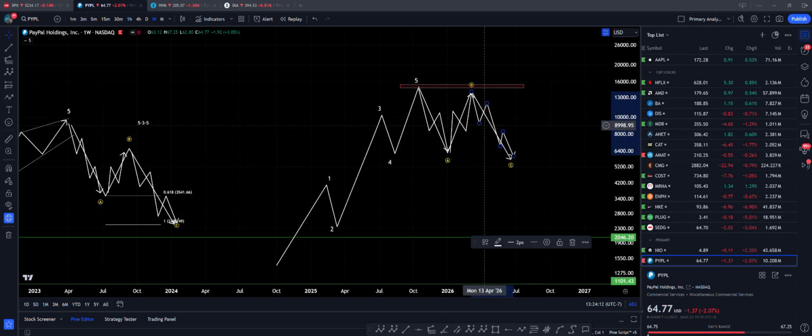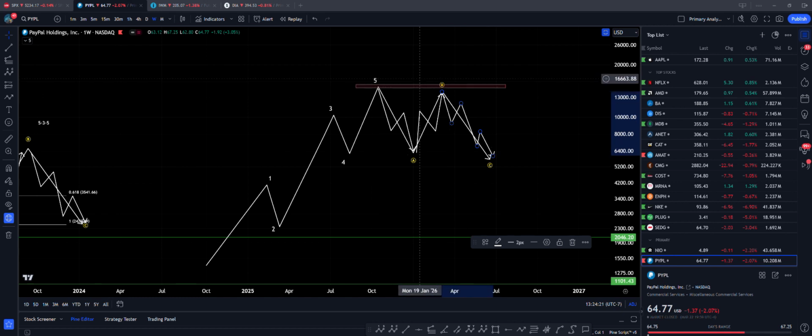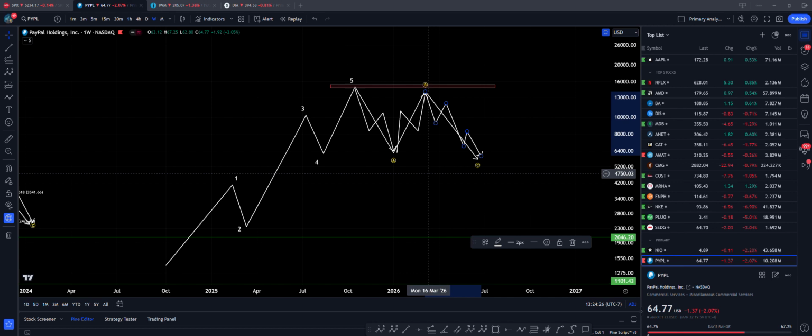Now, these five waves again can be an ending diagonal, like I explained before. The 4 and 1 can overlap in this C leg. It doesn't have to be. It generally is very impulsive, but it can be an overlapping wave as well. So this is called a regular flat and a 3-3-5 structure, right?